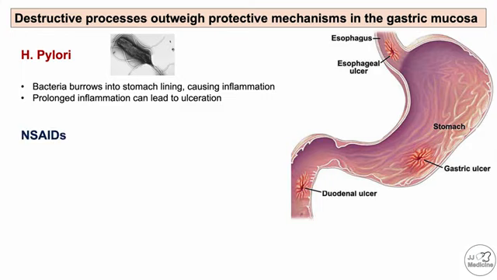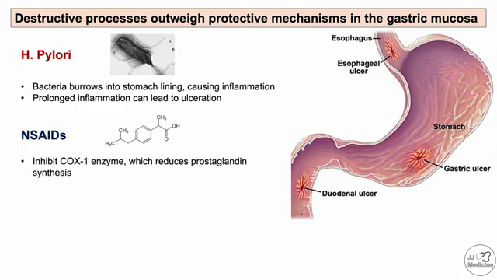We also talked about non-steroidal anti-inflammatory drugs, or NSAIDs, being an important cause of ulcers. The reason is that NSAIDs, like ibuprofen, inhibit an enzyme known as COX-1, or cyclooxygenase 1, which reduces prostaglandin synthesis. This is important because prostaglandins have a protective effect in the gastrointestinal mucosa.